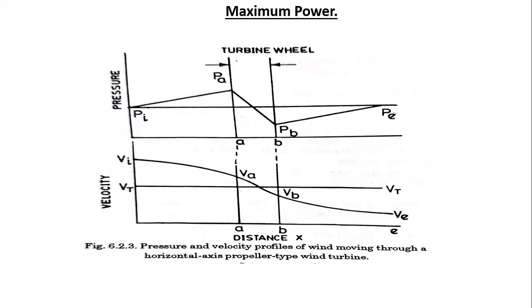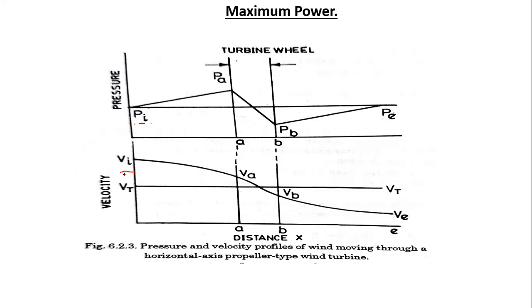I am letting P1 here. Pi and Vi are the wind pressure and velocity at the upstream of the turbine.